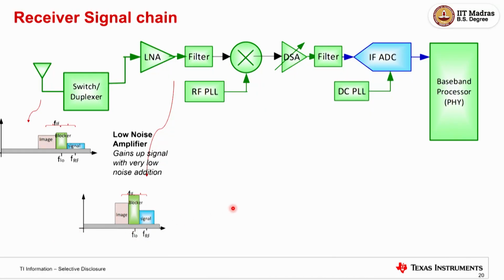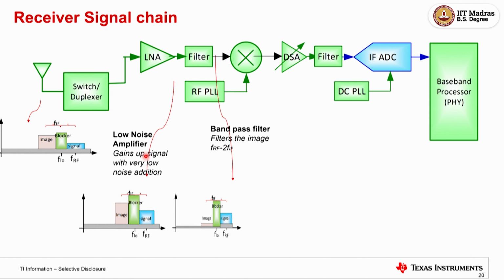The amplifier, as the name says, takes everything and magnifies it, like how the power amplifier was doing on the transmit side. The only thing here is that the low noise amplifier doesn't add noise on its own. It will try to add the lowest amount of noise and try to gain up. That is what we call an LNA.